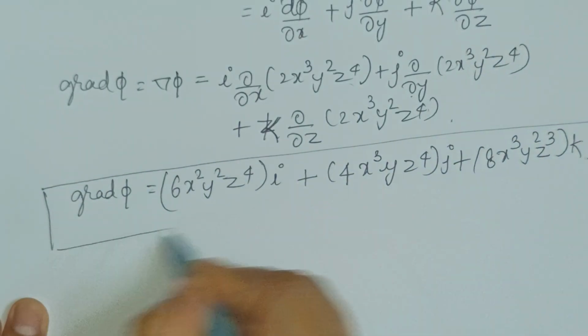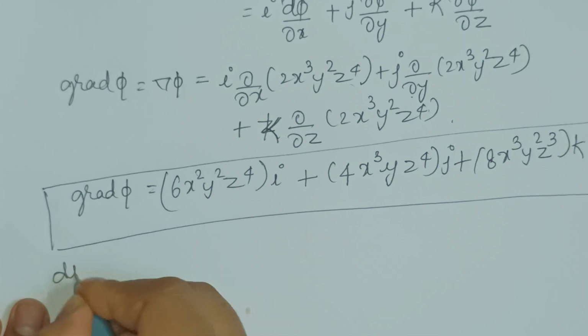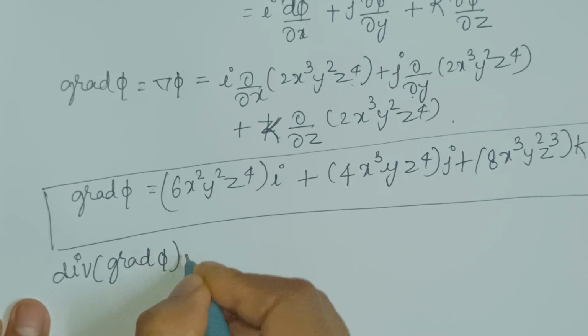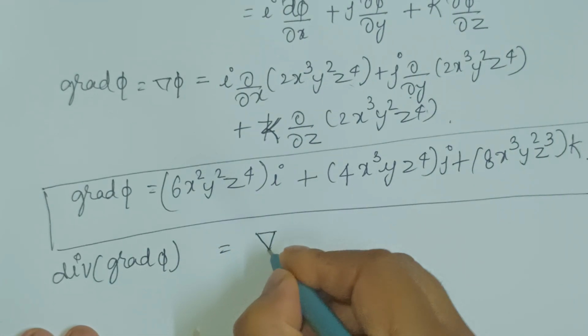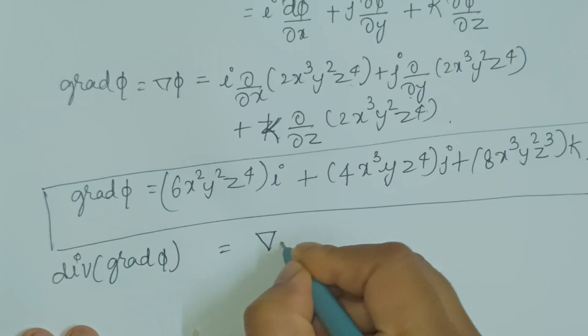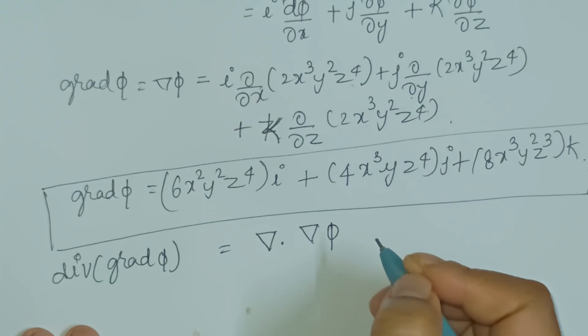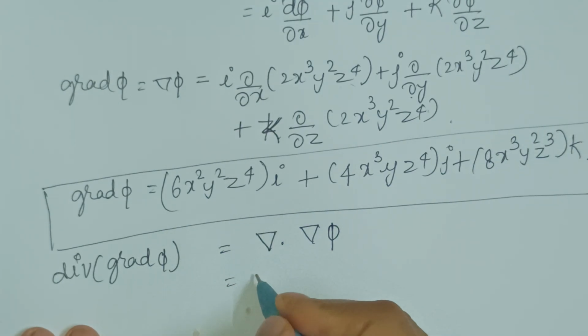Now what do we have to find? The divergence of grad phi. So that is del dot del phi. Now differentiate this again.